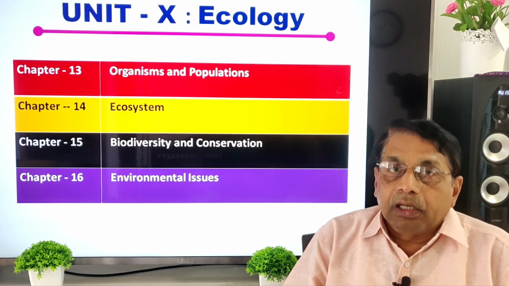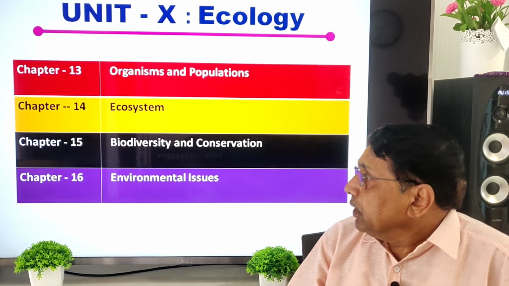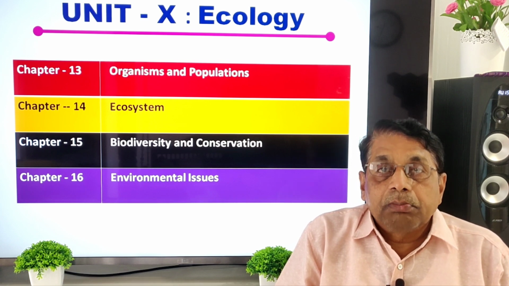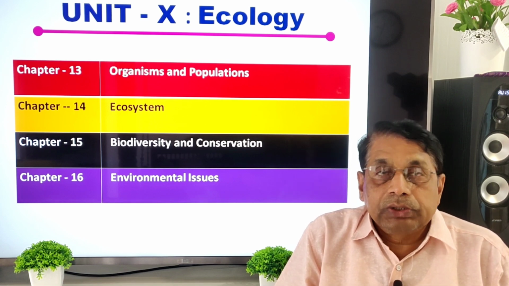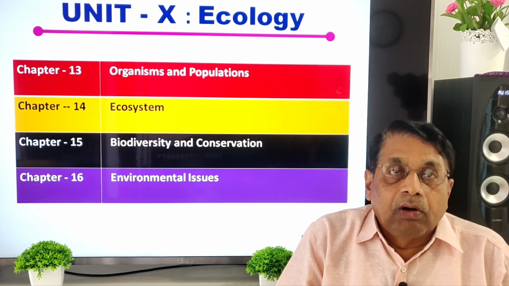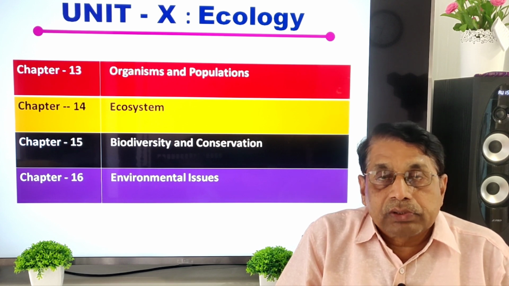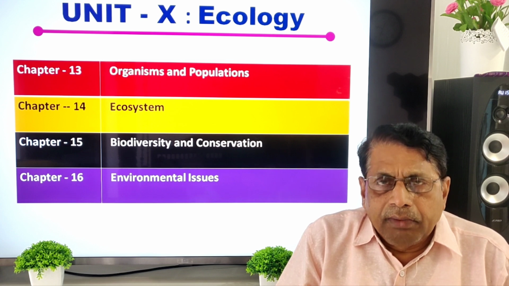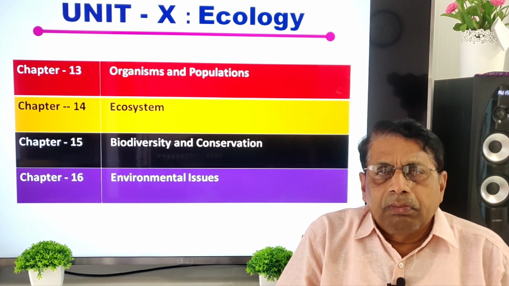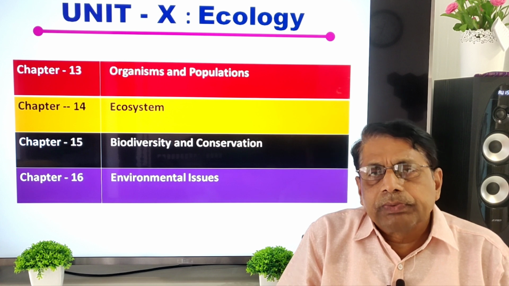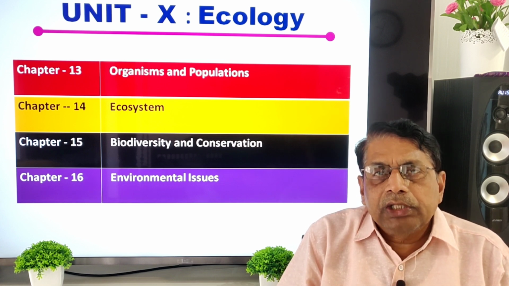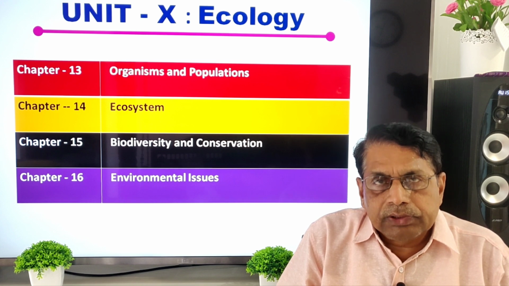Chapter 15 deals with biodiversity and conservation. This is a burning topic, biodiversity. On the earth surface, oceans, we have a variety of plants, animals. This biodiversity is the nature's gift or God's gift.